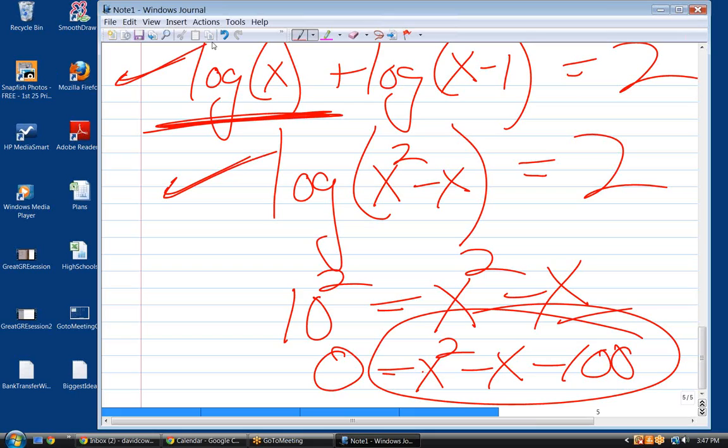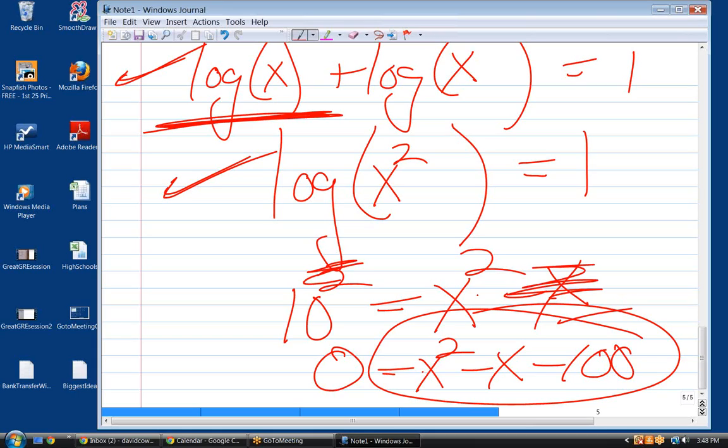That makes a difference. Let's take a simplified version. Let me make it log x plus log x equals 1. Now that gives me log of x squared equals 1, which gives me 10 equals x squared, which means x equals plus or minus root 10.